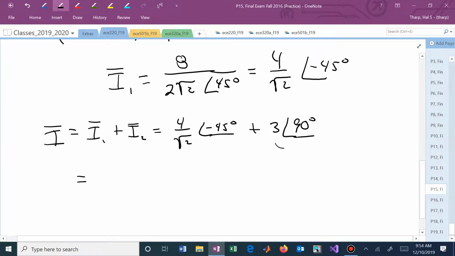And this one converts nicely. That's just j3. And the other one converts pretty nicely too, because it has a square root of 2 involved. We now have 4 over the square root of 2 and the cosine of minus 45. And I'm now a negative, so I'm going down, and the sine of 45.